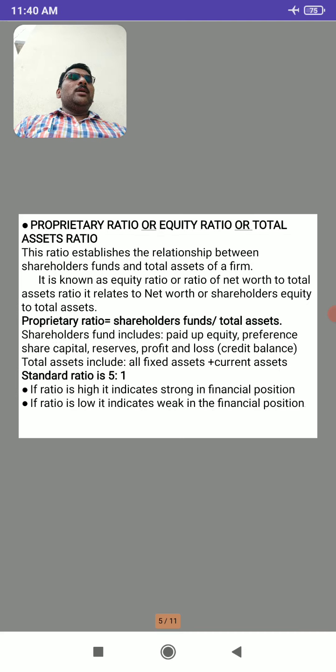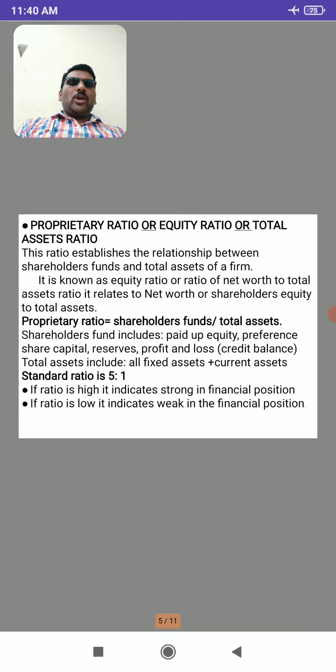So the shareholders funds include the equity share capital, preference share capital, reserves and surplus, and the profit and loss credit balance. This is very, very important. Credit balance is very important: if it is profit, then it is called a credit balance.